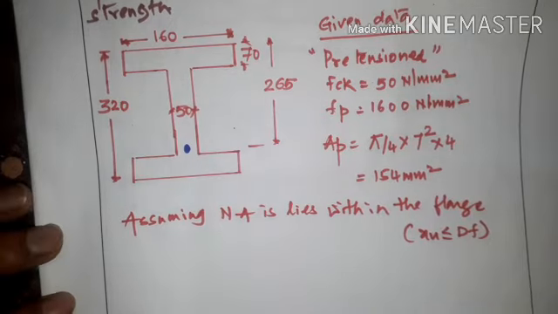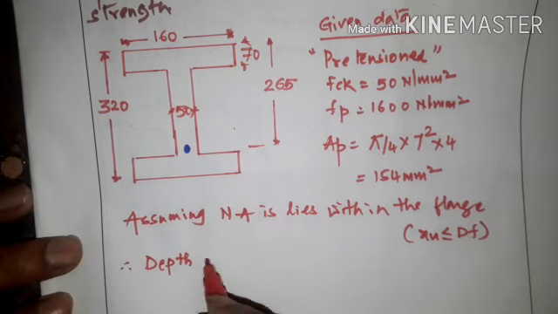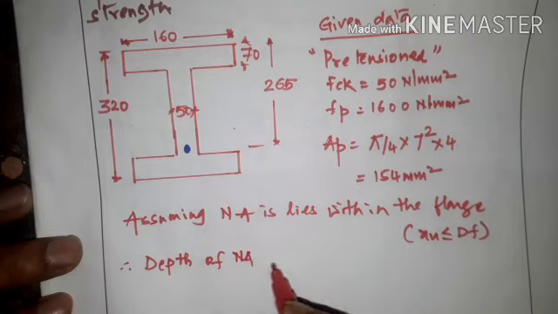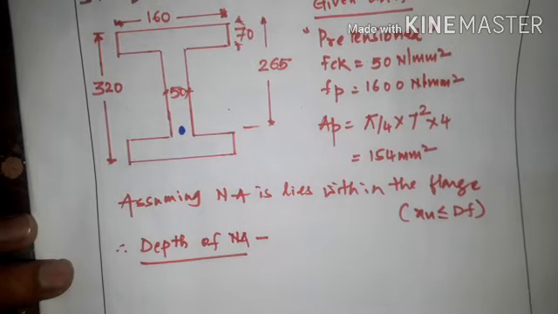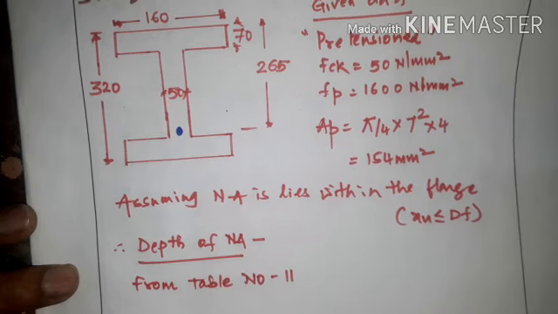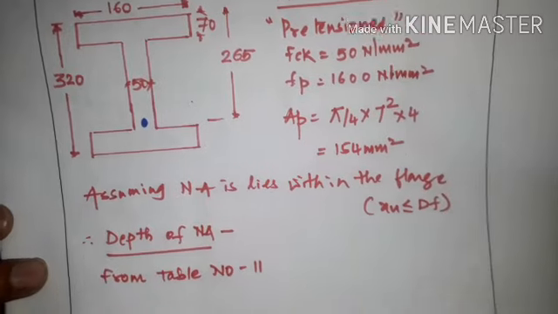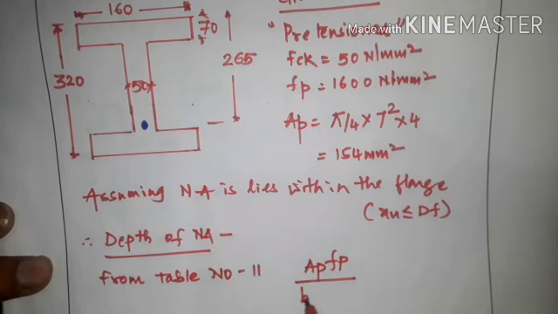Therefore we have to find out the depth of neutral axis. For that, from table number 11, the effective reinforcement ratio is given as AP into FP divided by BF into D into FCK.